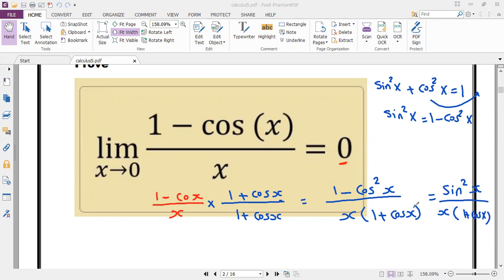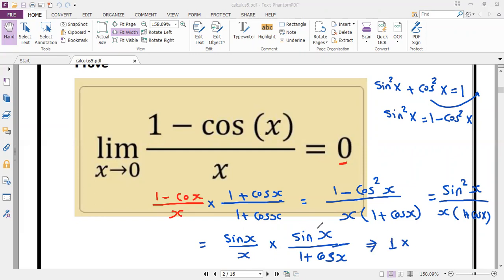We can write the numerator as sine x over x, then you will find the limit of sine x over x multiplied by sine x over 1 plus cosine x. Okay? So the limit of sine x over x is 1.